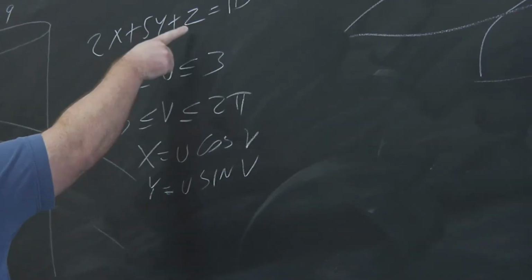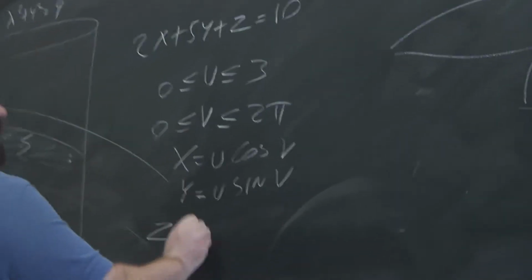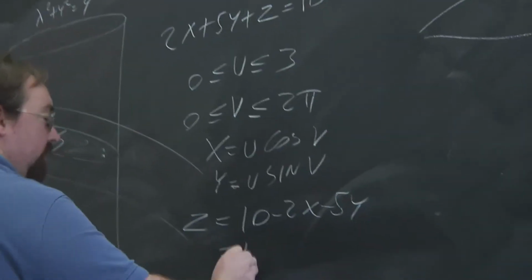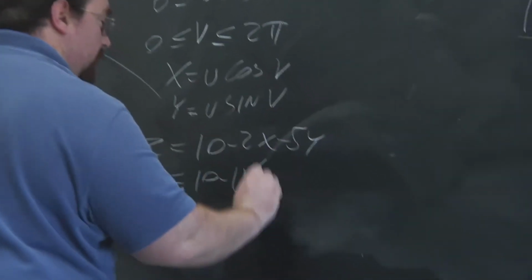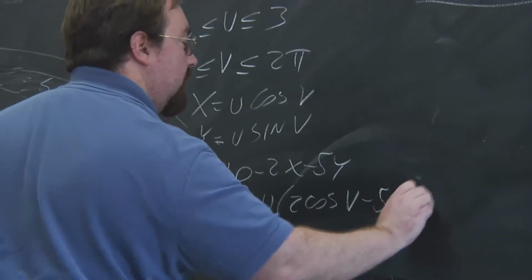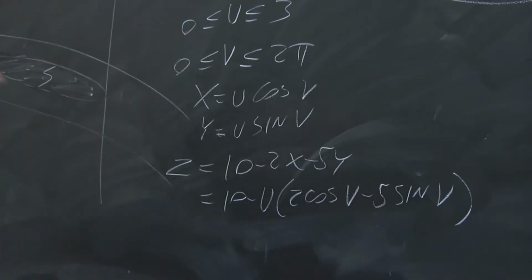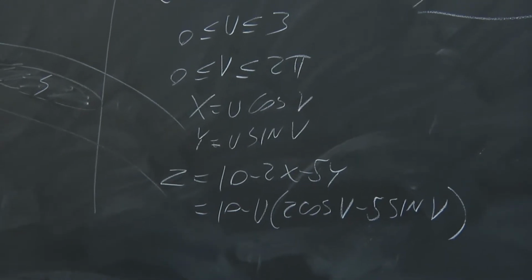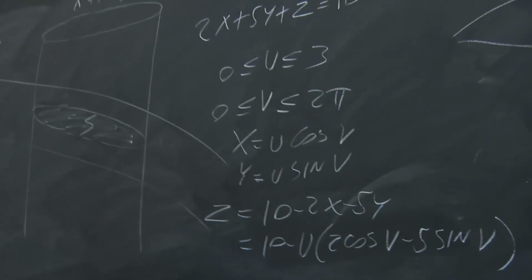Now z we can express in terms of x and y. So z is 10 minus 2x minus 5y, so it's 10 minus u times (2 cosine v plus 5 sine v). All right, so now we have our parametric description of the surface.